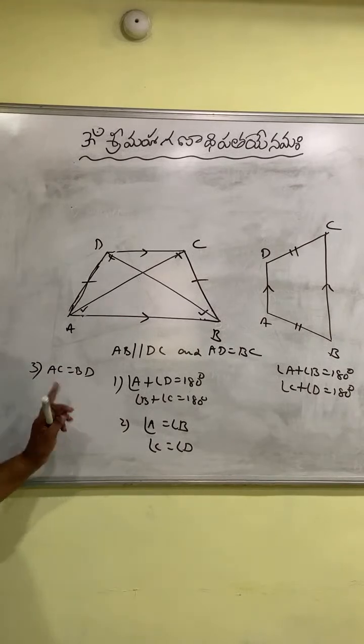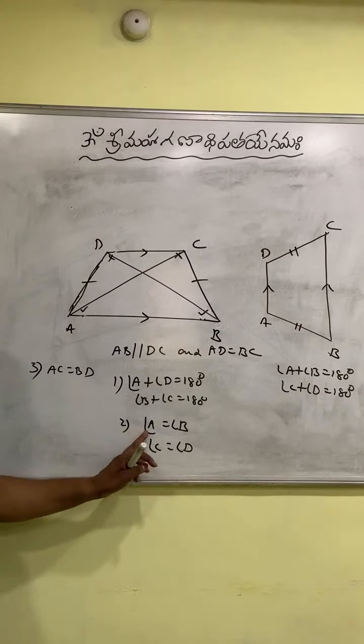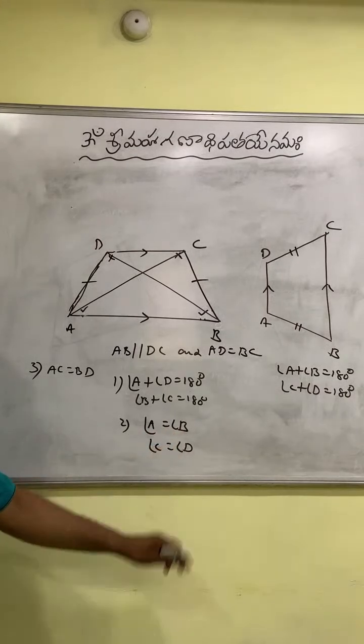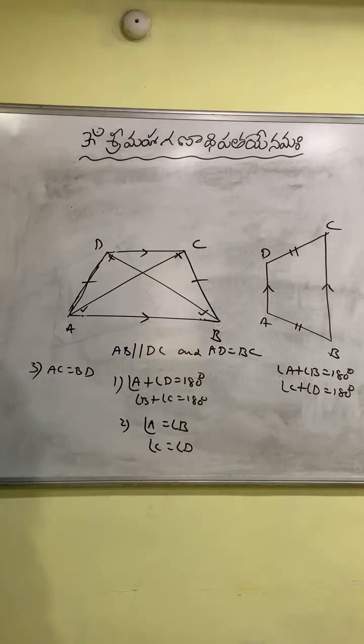Third property. First property, angle A plus angle D is 180, angle B plus angle C is 180. Second property, angle A is equal to angle B, angle C is equal to angle D. Third property, diagonals are equal in an isosceles trapezium.